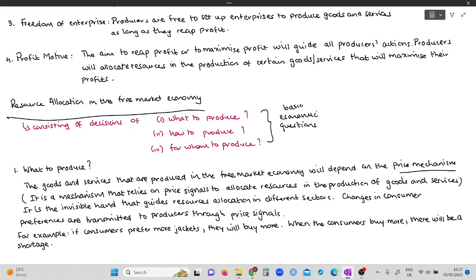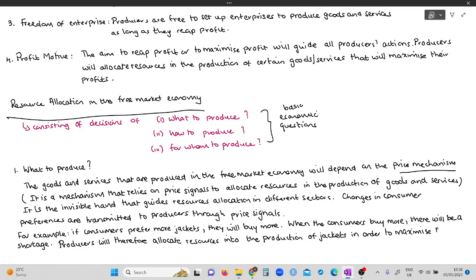The producers will therefore allocate resources into the production of jackets, d'accord, in order to maximize the profit.